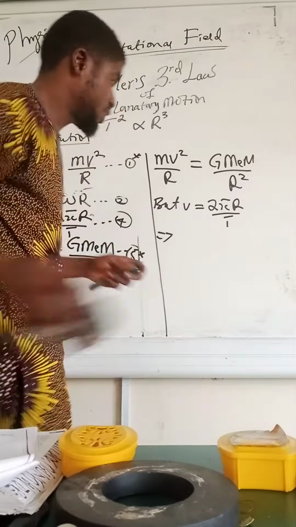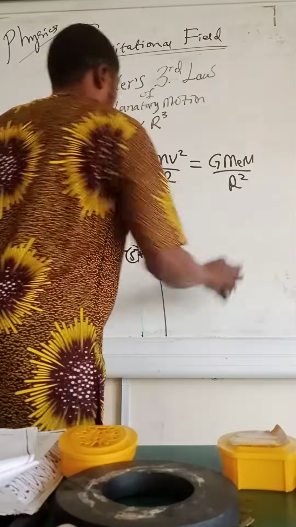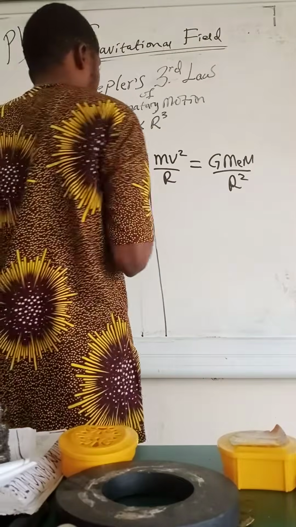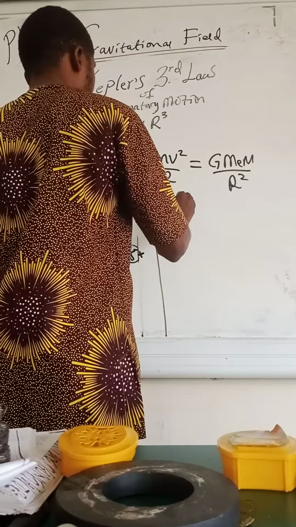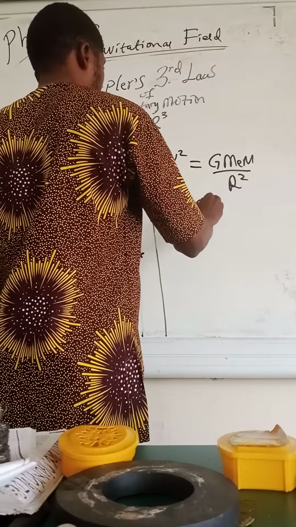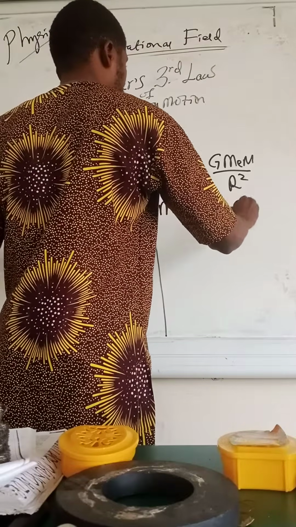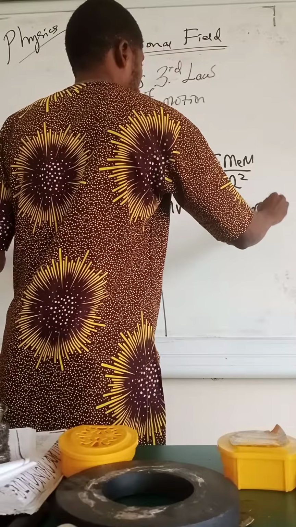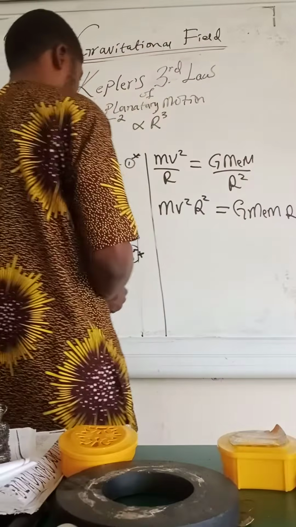I want to simplify it further. Let's move down. If we cross multiply, we have m v squared r squared is equal to G M E r.